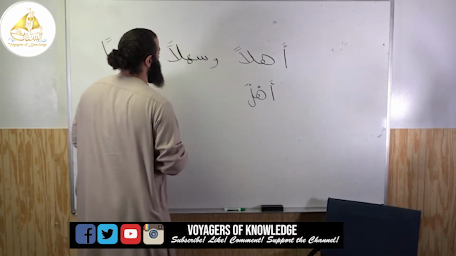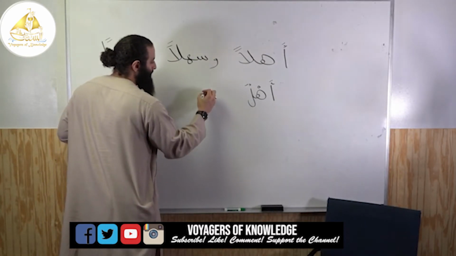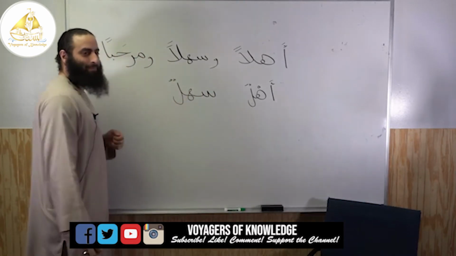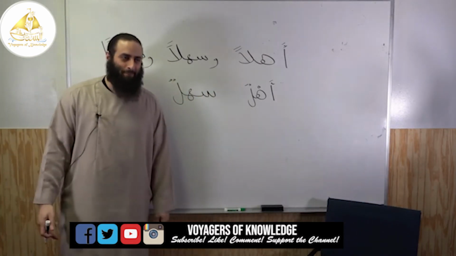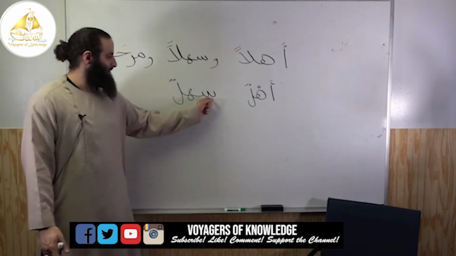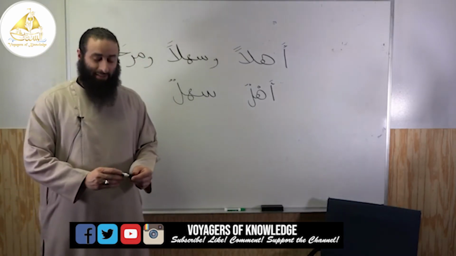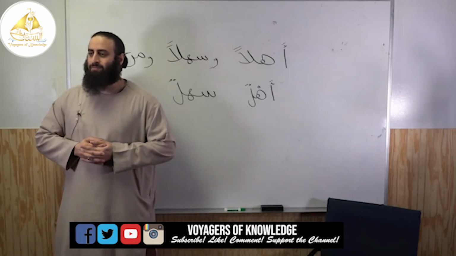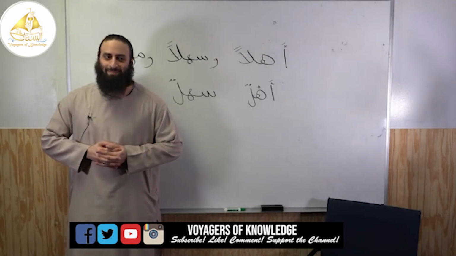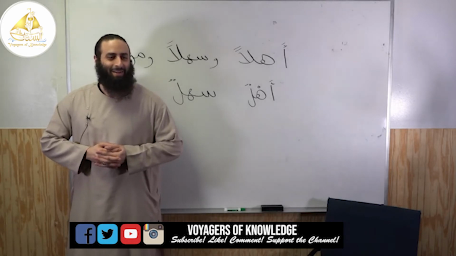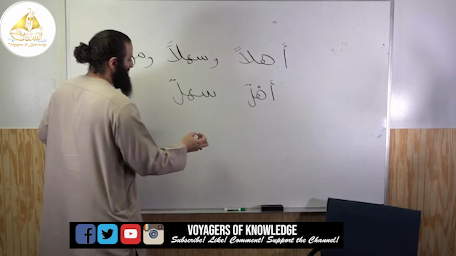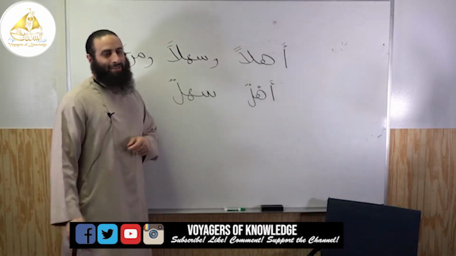All right, sahlan. What do we think we're going to write here? Sahlun. What's sahl? Easy. Sahl means easy. What's the opposite of sahl? Hard. You've got to say it in Arabic. Let's guess some letters.